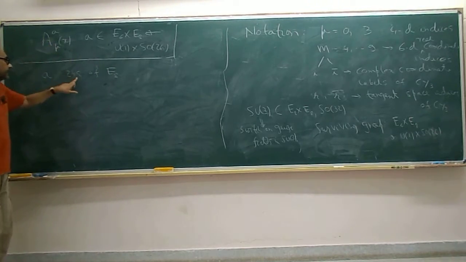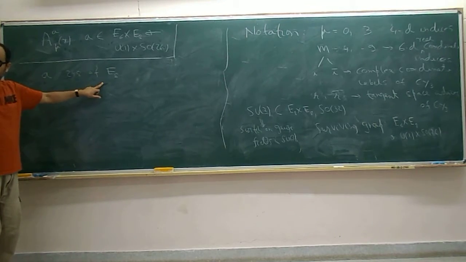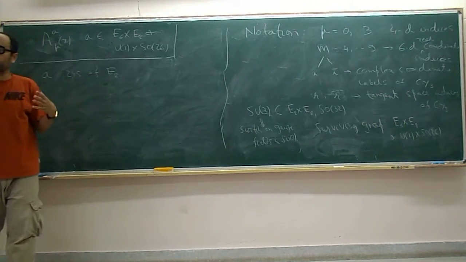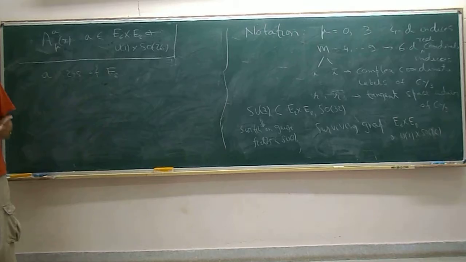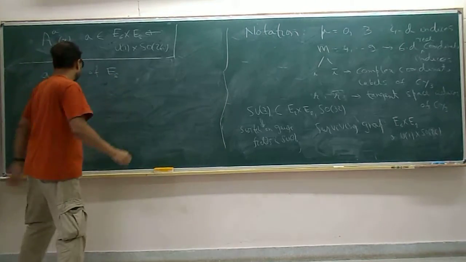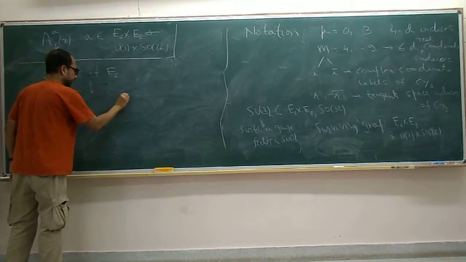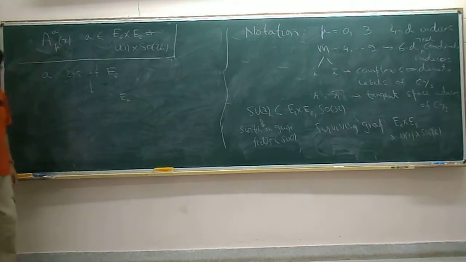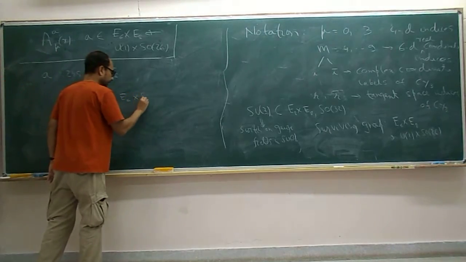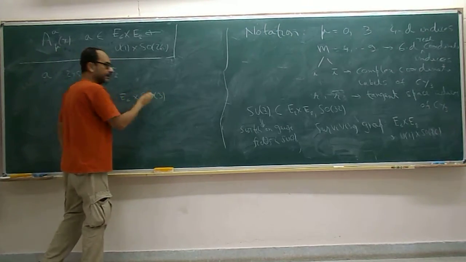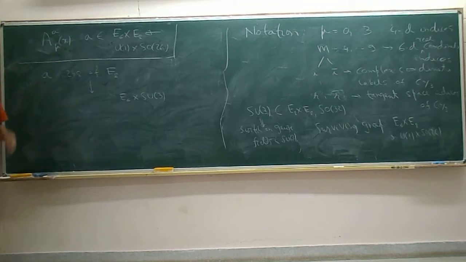So A was, to begin with, the 248 of E8. But not all of the 248 behave in the same way, because the surviving group is E6. So you have to ask how this breaks up into representations of E6 times SU3, where SU3 is the group which is broken.